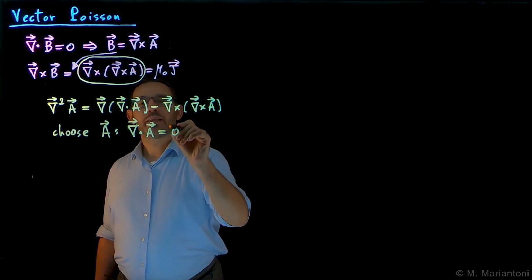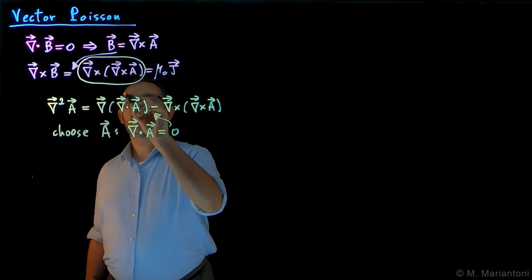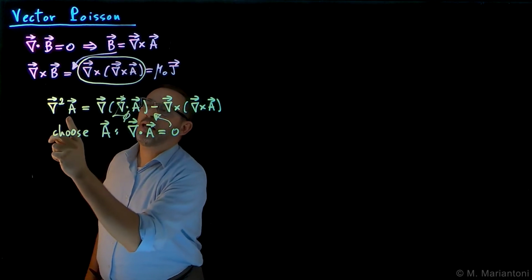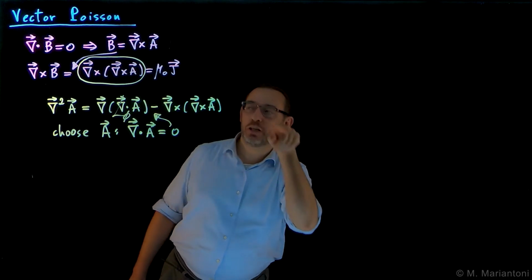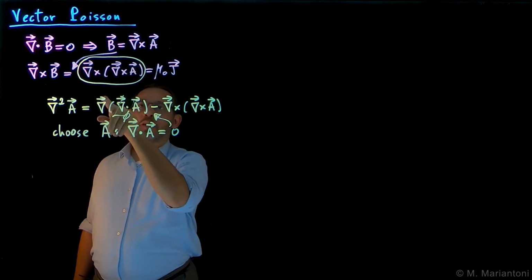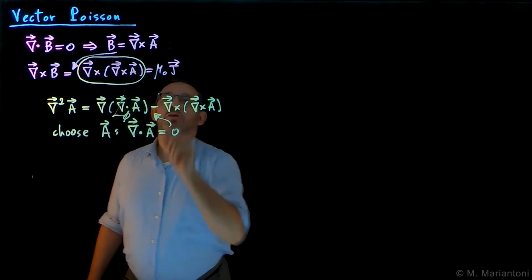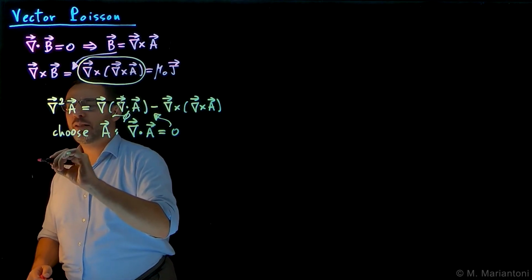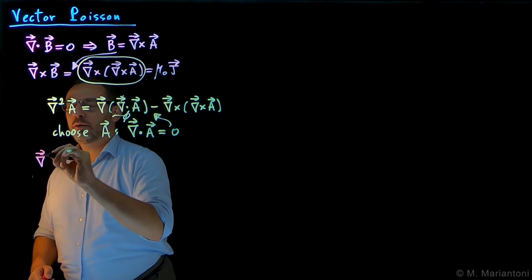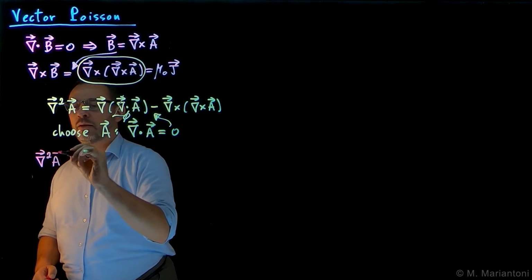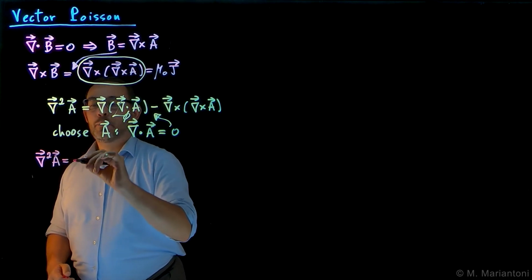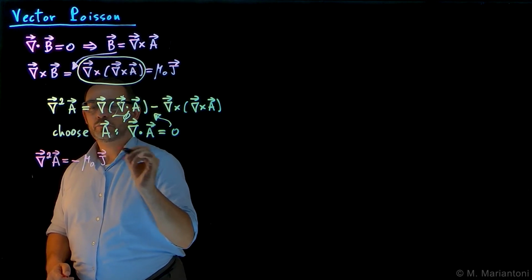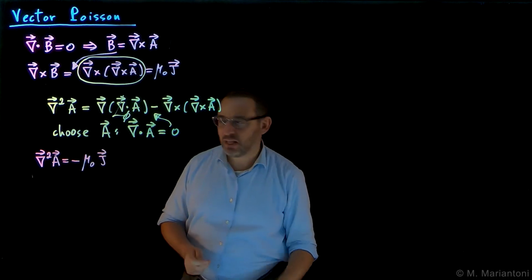And so when I plug this back in, clearly the gradient term goes to 0. And so the vector Laplacian of A is equal to minus the curl of the curl of A, and so the curl of the curl of A is equal to minus mu naught J. So eventually the vector Laplacian of A can be written as minus mu naught J.